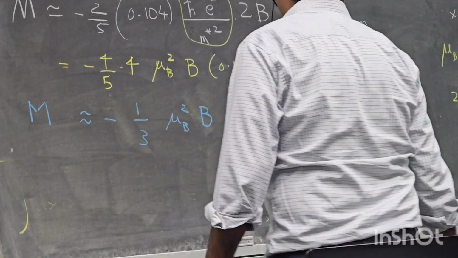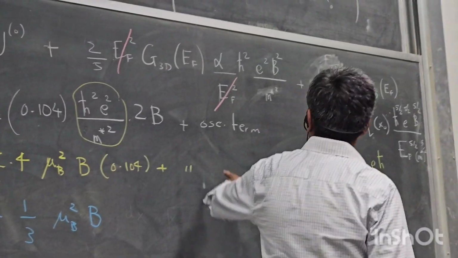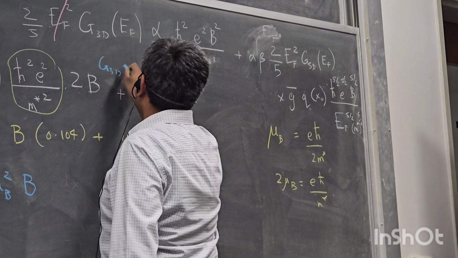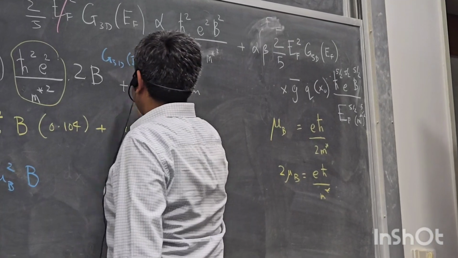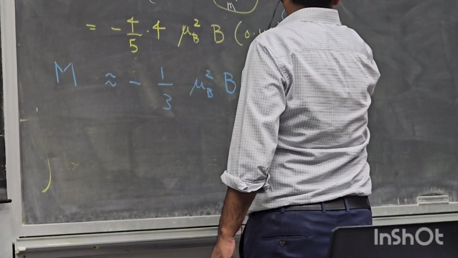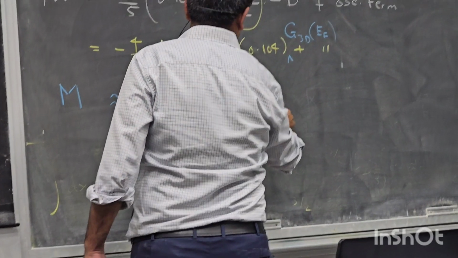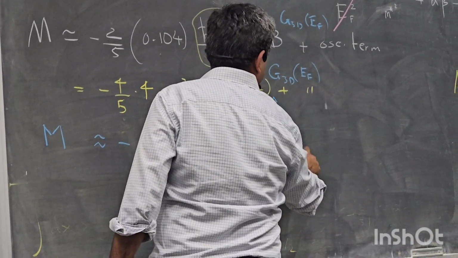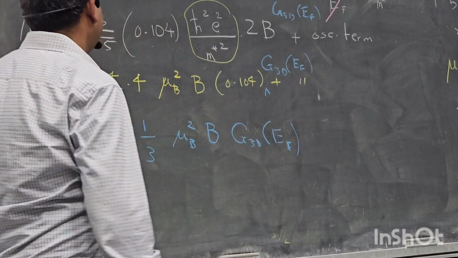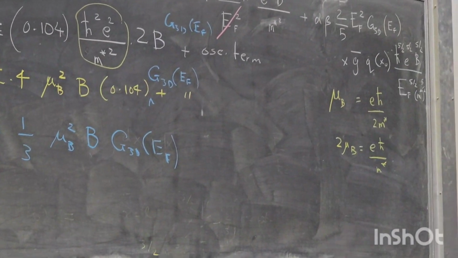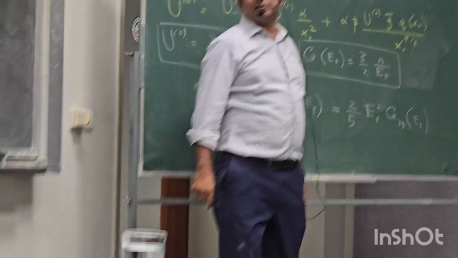And of course, I can't forget this term here, G3D EF. This is still there, G3D EF, which is, by the way, 3 over 2 n over EF.